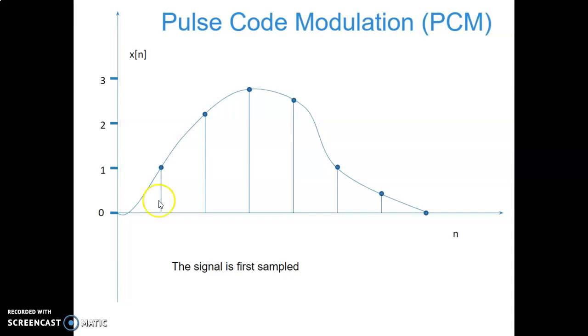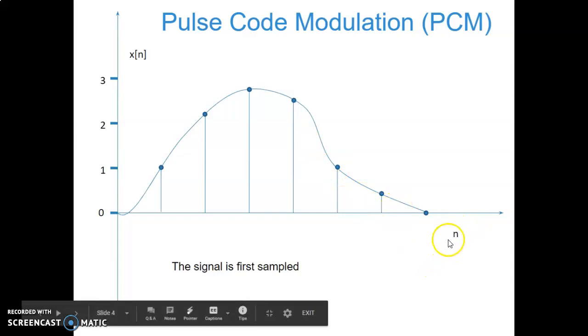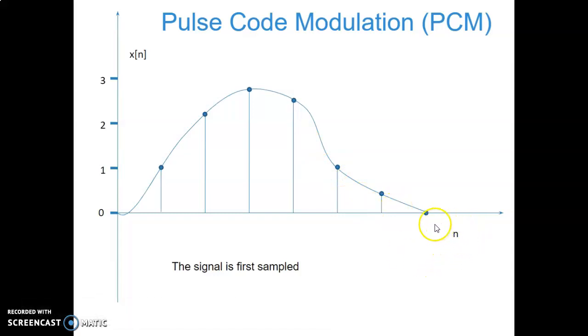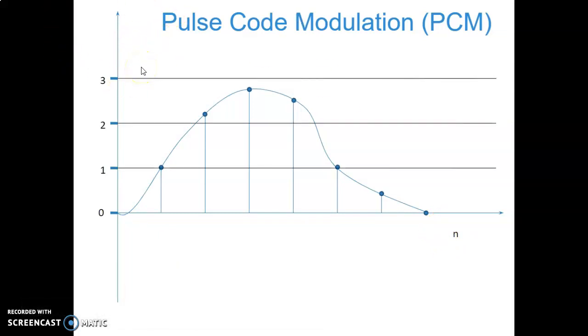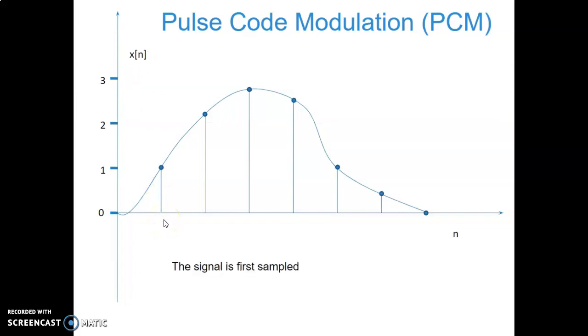So the sampling theorem is kept in mind and the sampling is performed, and now it is no more the time axis, it is the sampled axis, that is the number of samples, n, and the signal is x of n.